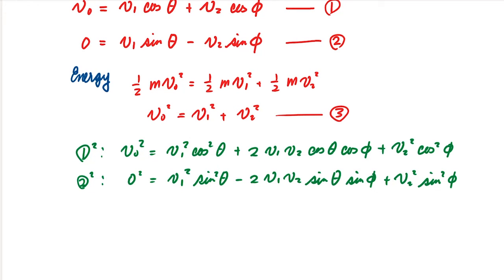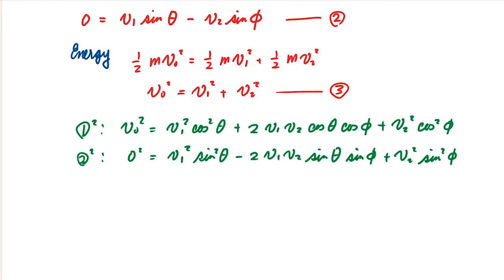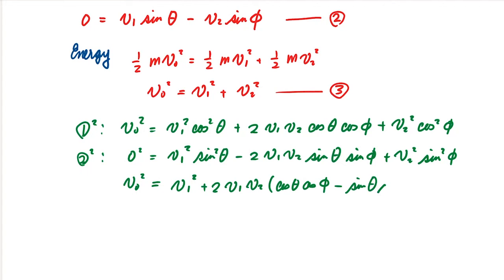I'm going to add vertically. If you add, this thing gives you v0 squared. Do you see this thing is just v1 squared times cosine squared plus sine squared? And here is a common factor of 2 v1 v2, then you have cosine theta cosine phi minus sine theta sine phi. Good?